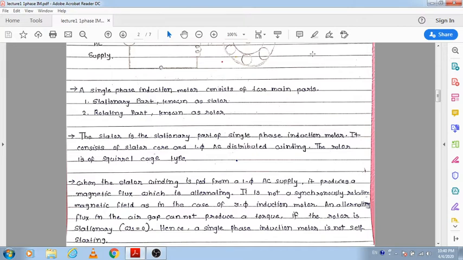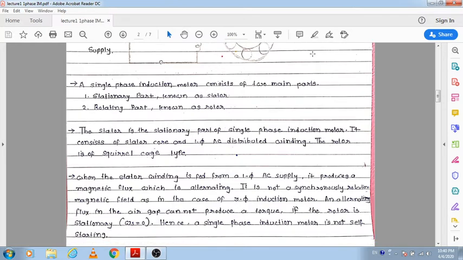But here we have a single phase, so the field is an alternating field, not a rotating magnetic field, so it never develops a rotating torque. The production of torque is zero when you start the machine.